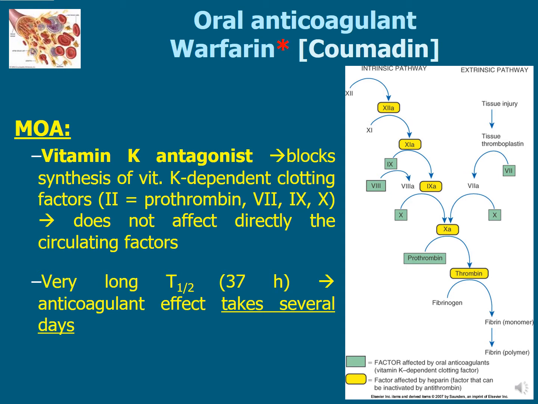All these factors are vitamin K dependent, which means they need vitamin K for their synthesis. As you can see here, these are the factors in green that require vitamin K for their synthesis. Therefore, Warfarin, a vitamin K antagonist, is going to prevent the synthesis of all those vitamin K dependent factors, and ultimately will block fibrin polymerization and the formation of the fibrin clot.